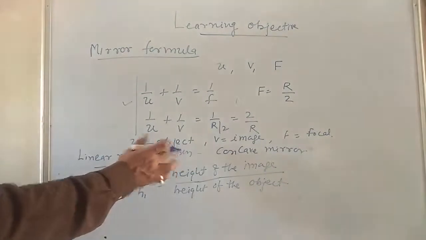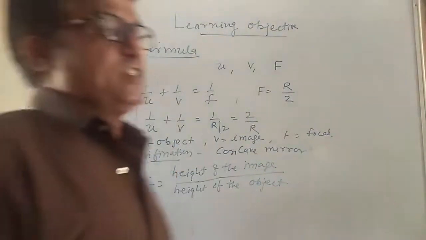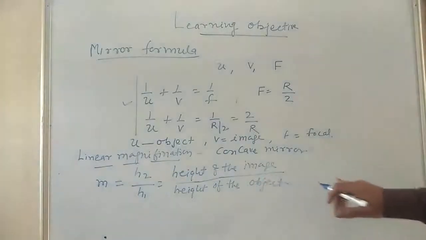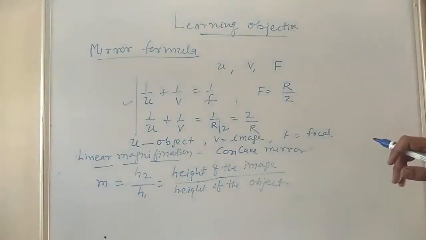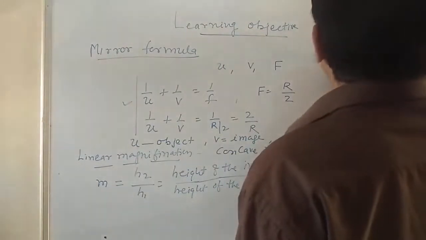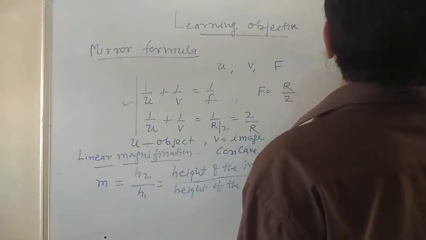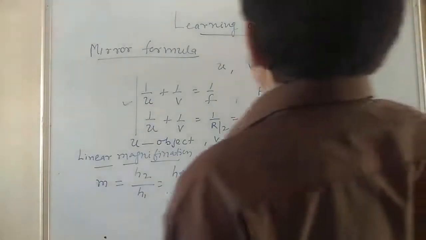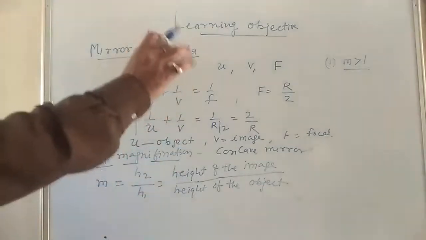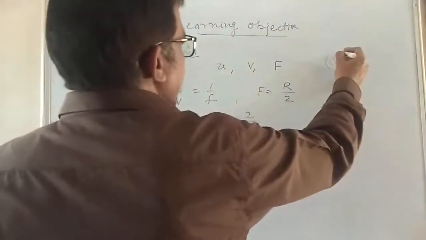When the image is magnified or enlarged, the size of the image is greater than the size of the object. In the first case, when the size of the image is greater than the size of the object, m is greater than 1. Linear magnification at that time is greater than 1.